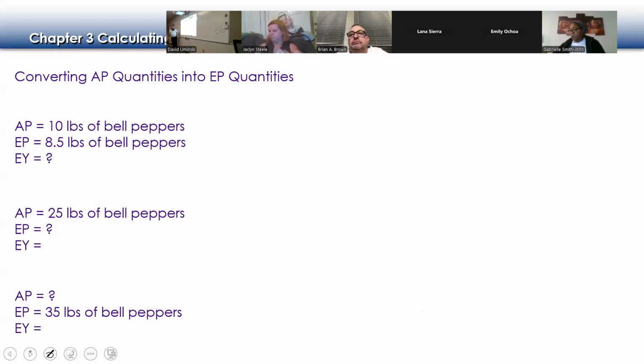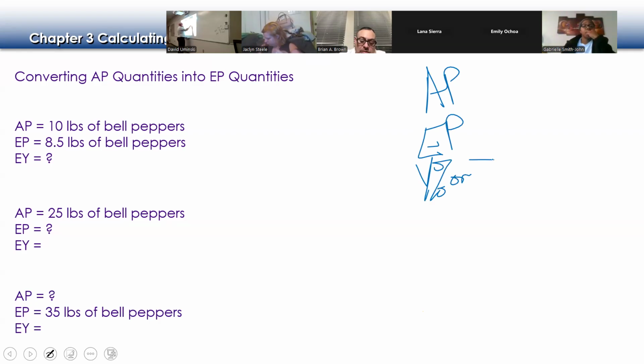All right, this is what I want to talk about. This is your triangle on the back page of your notes page, and this will be the last little bit on the notes page. So we have AP, EP, and we have yield percentage or edible yield. As purchased is what is delivered to our restaurant.